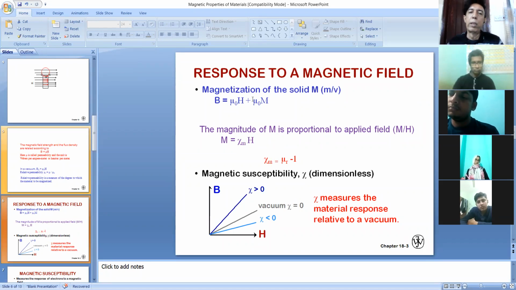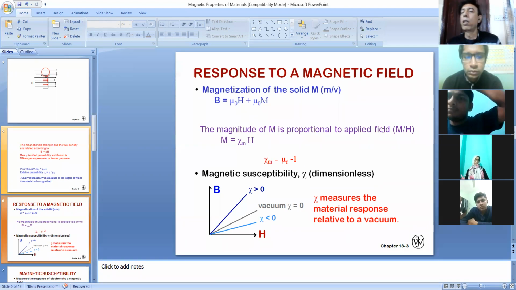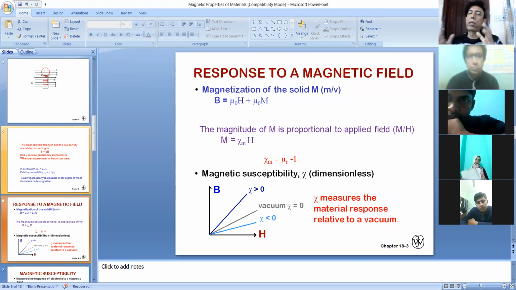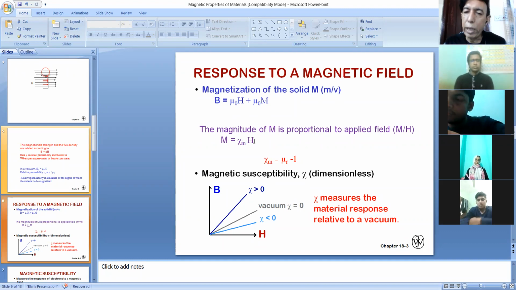The magnitude of M is directly proportional to the applied field. If the applied field is strong, the magnetization will also be strong. So M is directly proportional to H, so M is equal to chi M H. What is chi M?